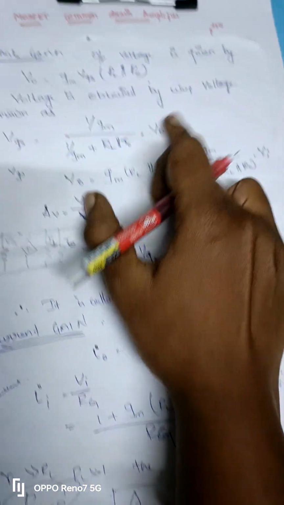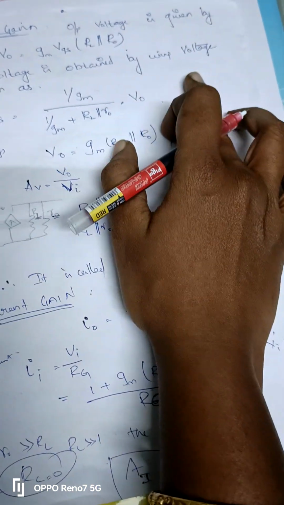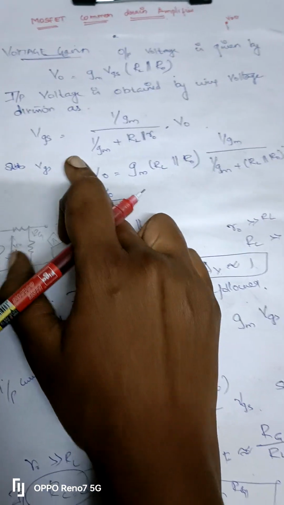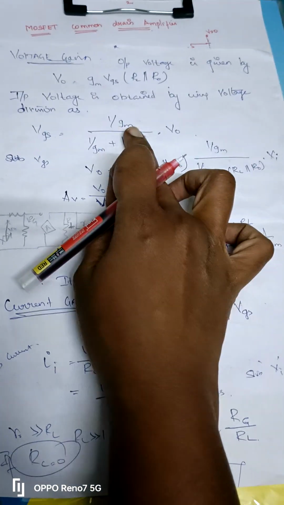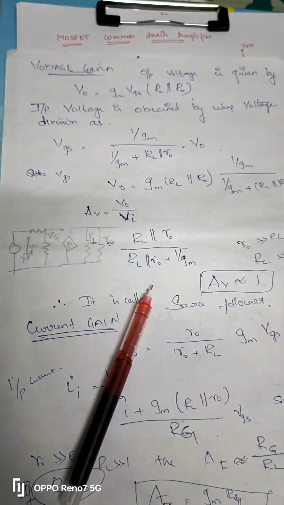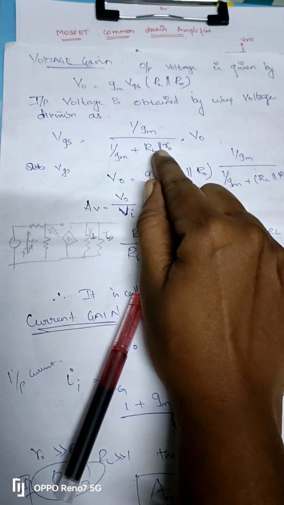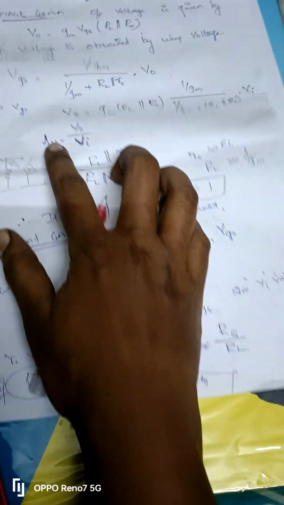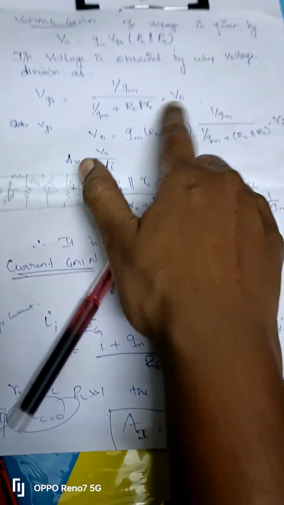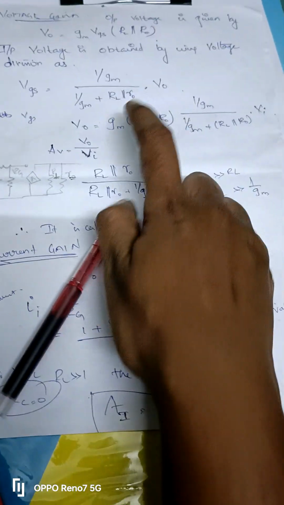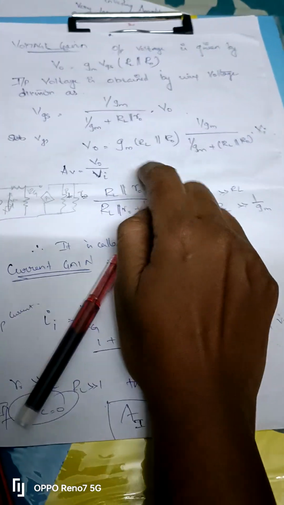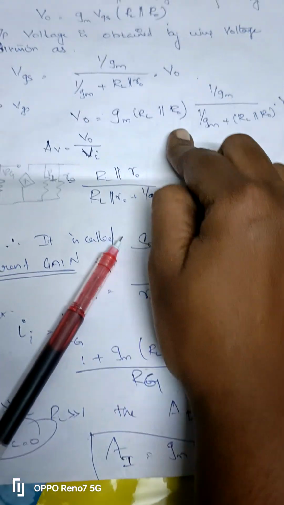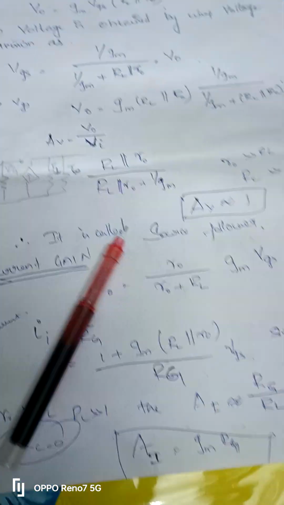The input voltage is obtained using the voltage divider: VGS equal to (1/gm) divided by (1/gm plus RL parallel to r0) times V0. Substituting the value of V0, gm times RL parallel to r0 is multiplied with the VGS value.